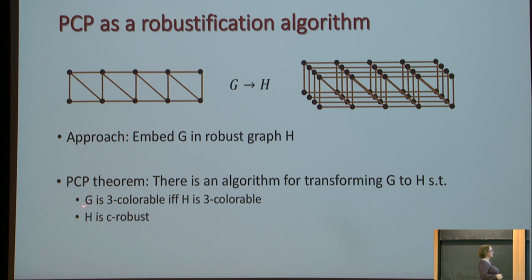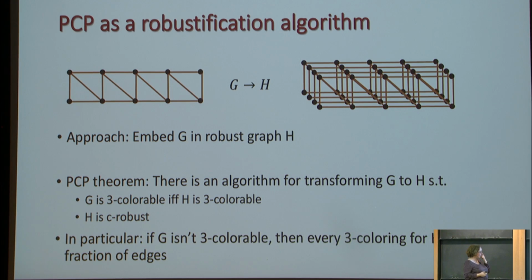First of all, G is 3-colorable if and only if H is 3-colorable, but also H is robust. Okay, so for H, there is no situation like in this Möbius strip that it's not 3-colorable or it's almost 3-colorable. No, H will be robust. If it's not 3-colorable, it's not 3-colorable. A lot of edges are going to be upset.